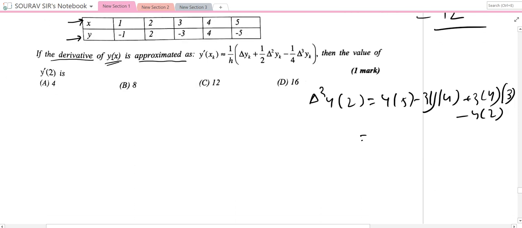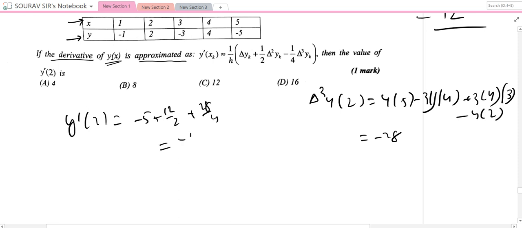So here it will be minus 28. So y dash 2 is minus 5, 12 by 2 plus 28 by 4. So minus 5, 6, 7, 8 is the answer. So B.